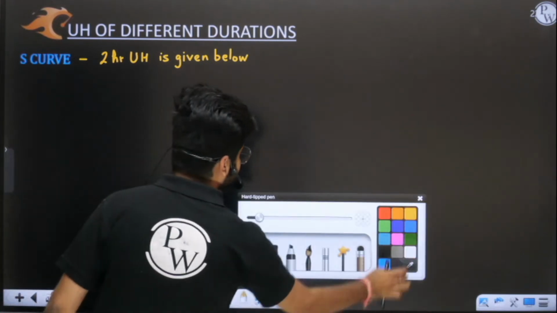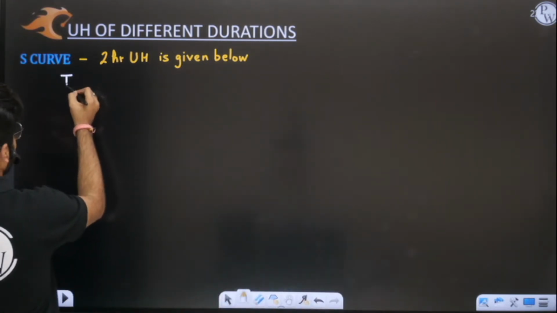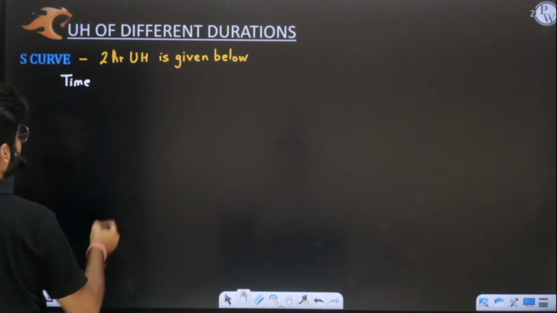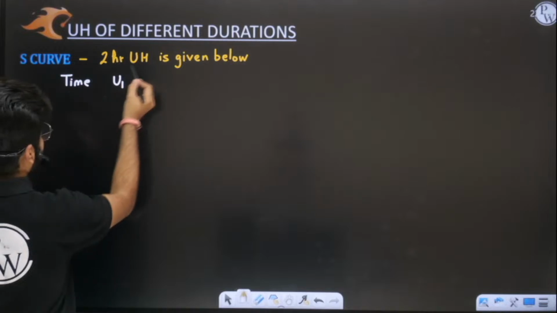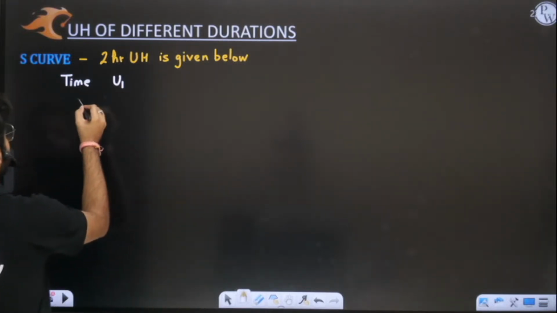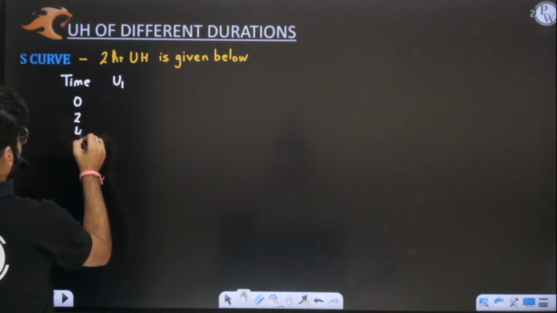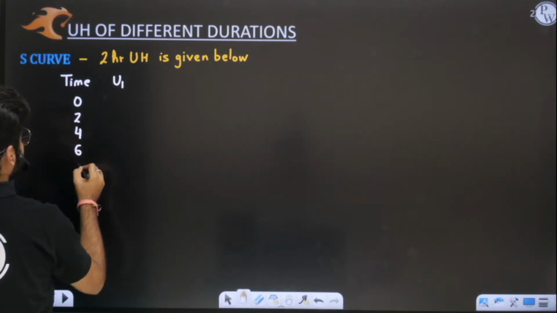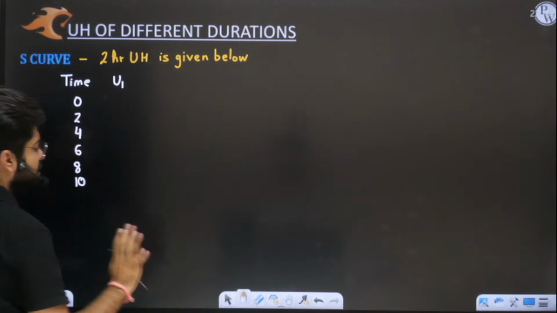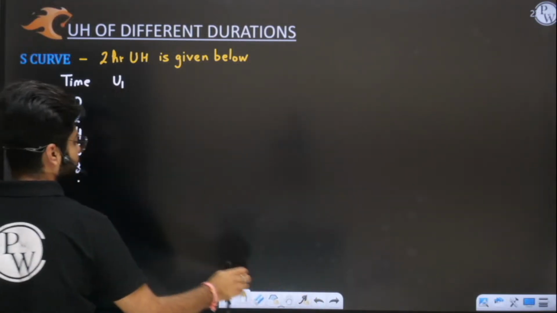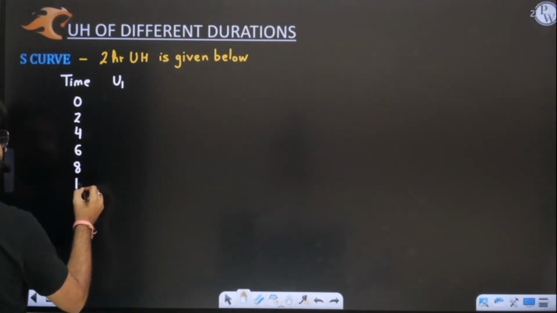These are the values of time, and these are the values of discharges of the 2 hour unit hydrograph. Let us take time as 0, 2, 4, 6, 8, 10, till here only. We will not take it very big, we only have to understand what S curve exactly is.